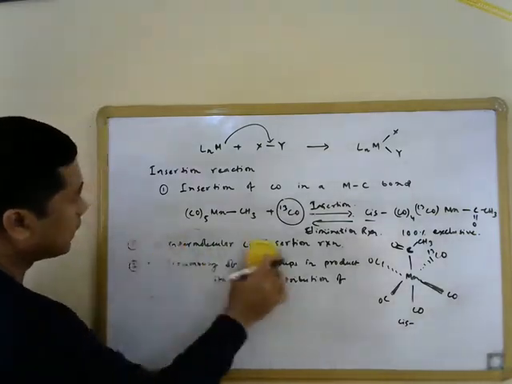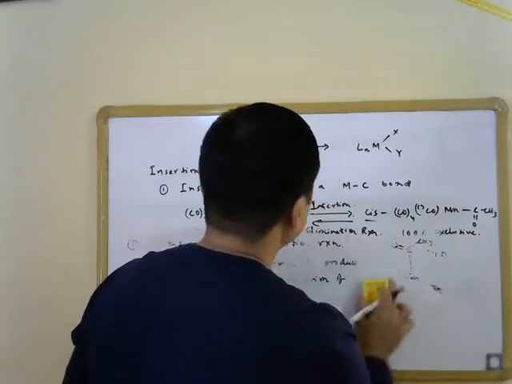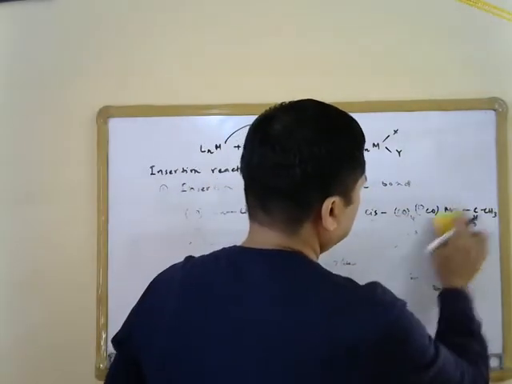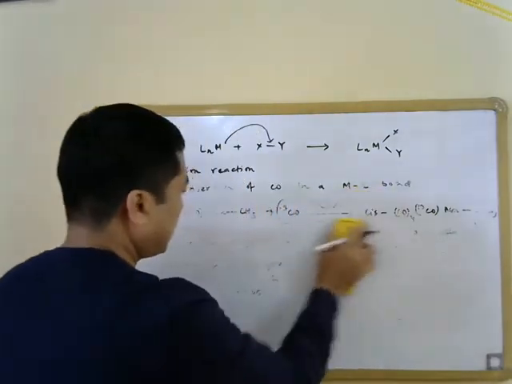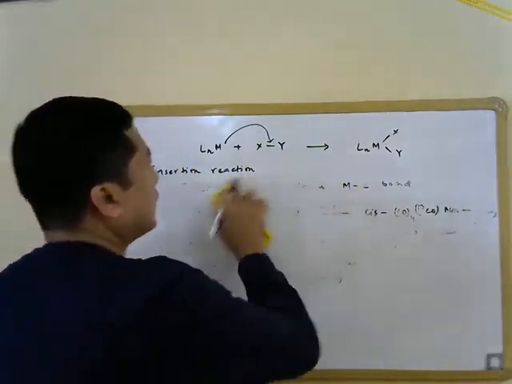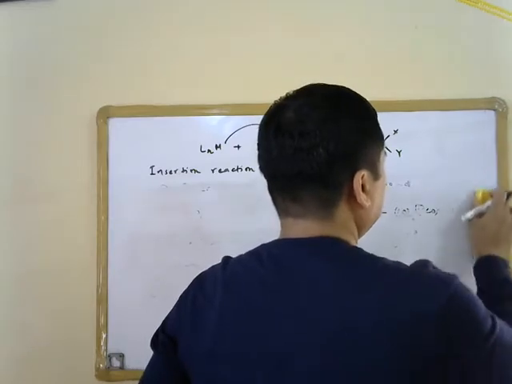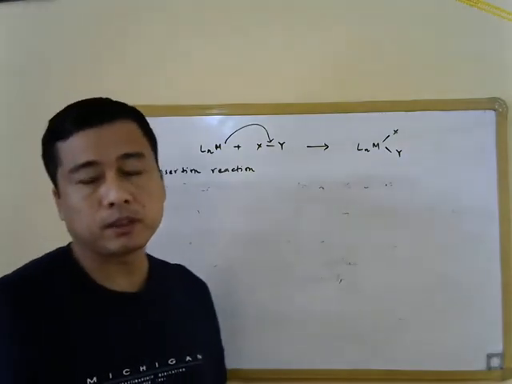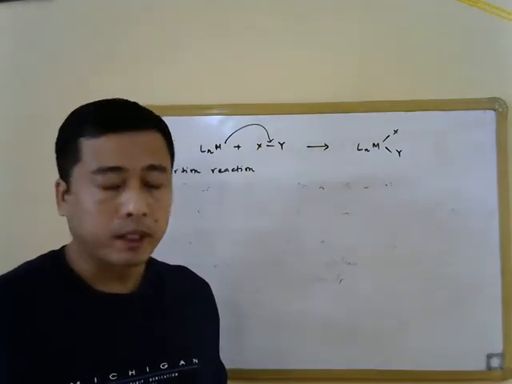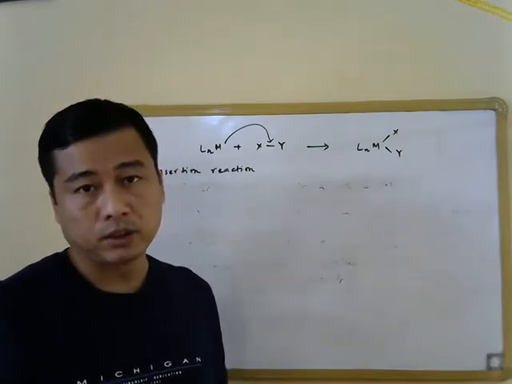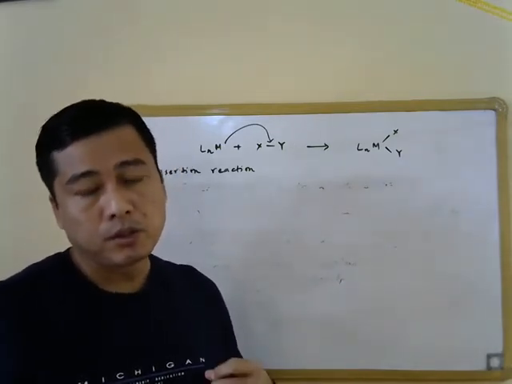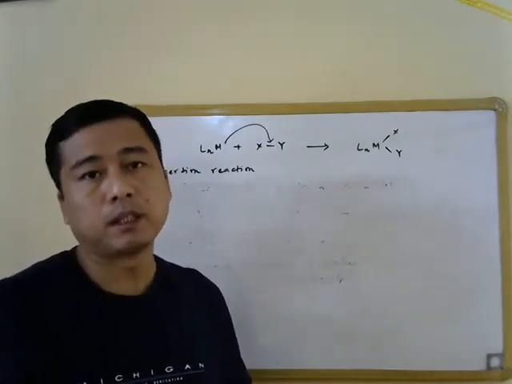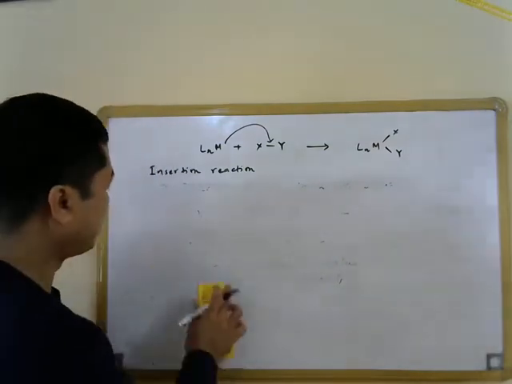So let us look at the experimental evidences that we obtained by studying the decarbonylation reaction, because the mechanism of the reverse reaction will be exactly opposite to the mechanism of the forward reaction, that is the insertion reaction. So based on this, we can predict the mechanism of the insertion reaction by studying the mechanism of the elimination reaction.